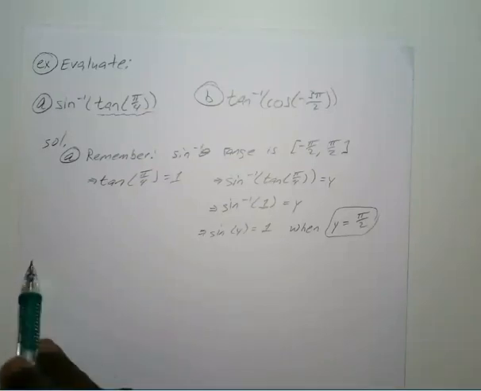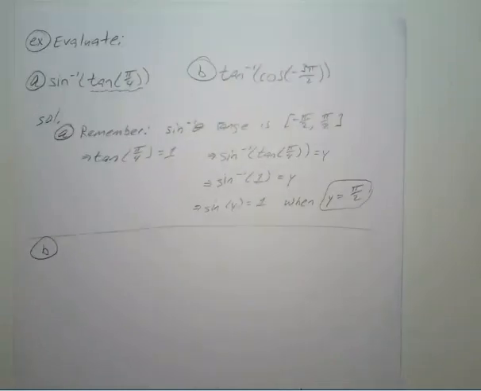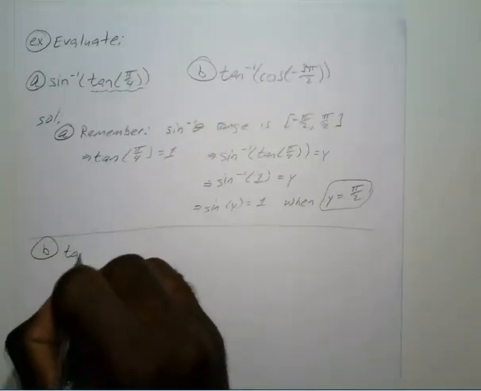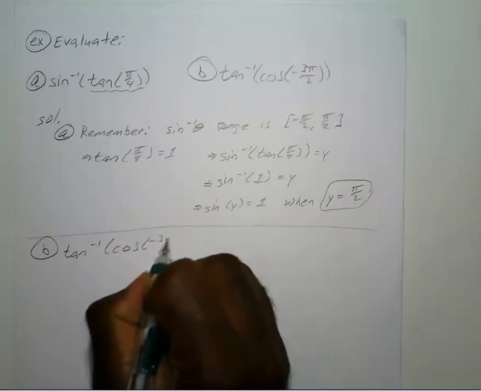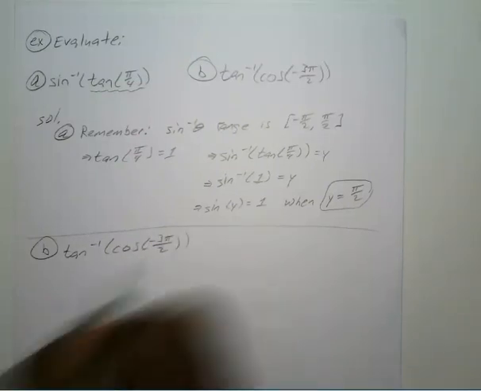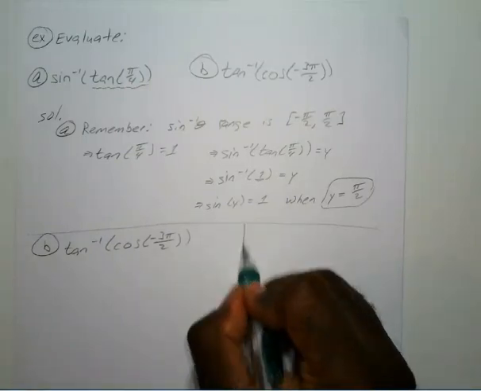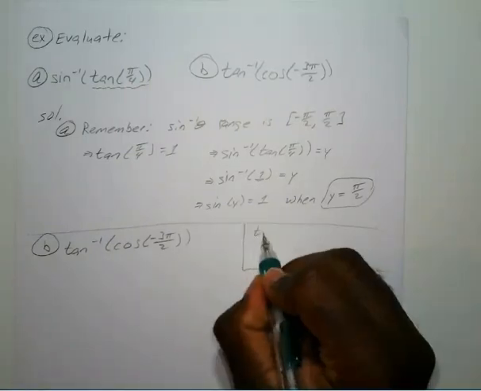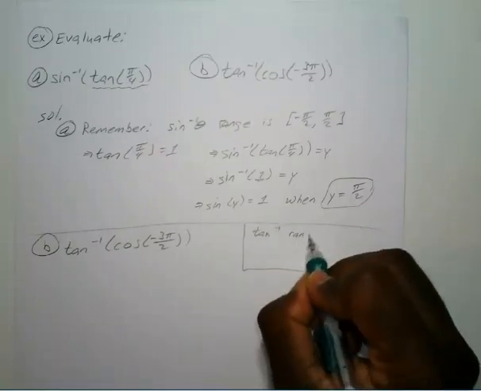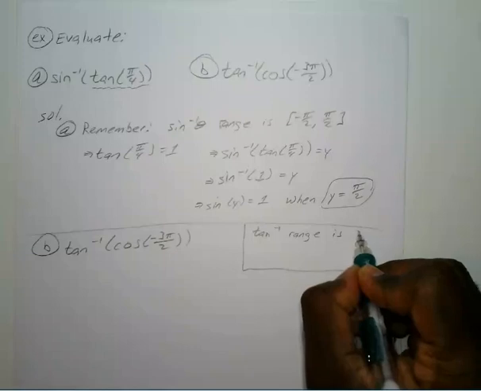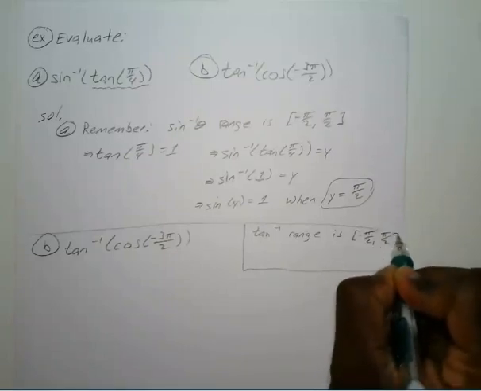Let's work out problem B. We have tangent inverse of cosine of negative 3 pi over 2. And of course, our tangent inverse range is negative pi over 2 to pi over 2.